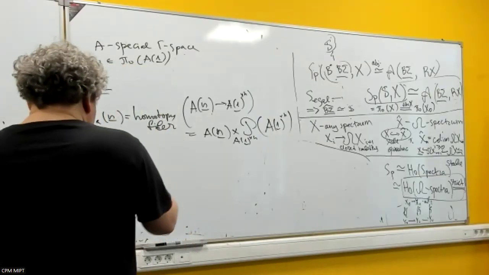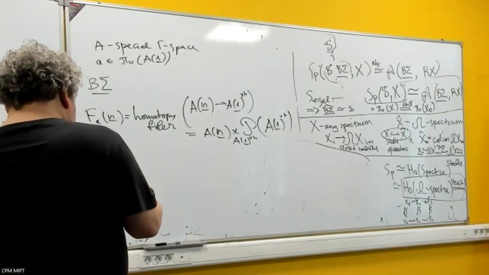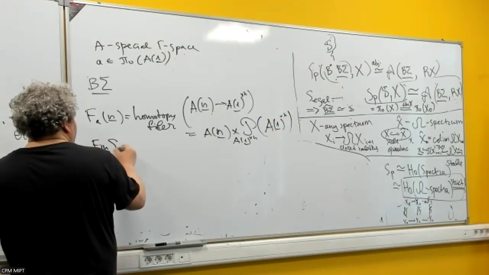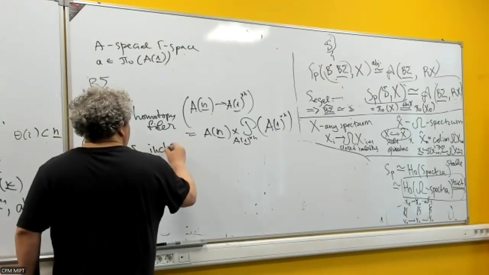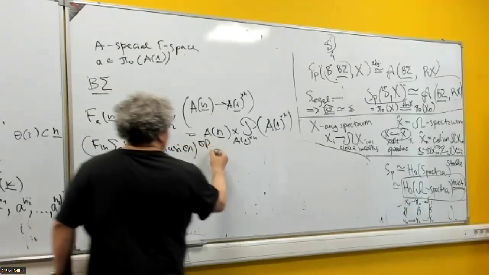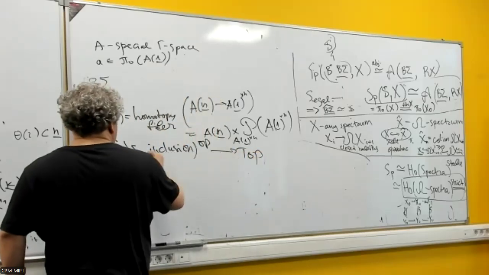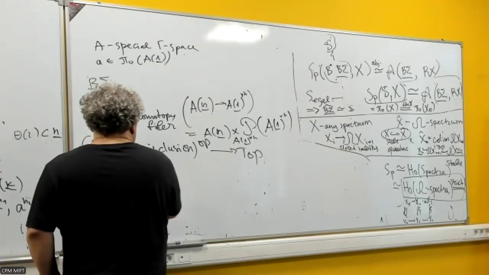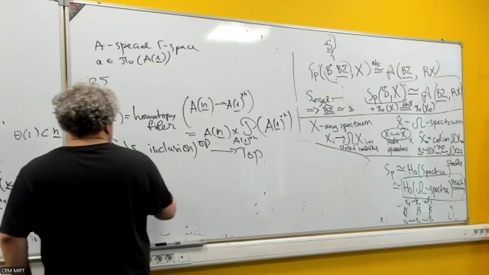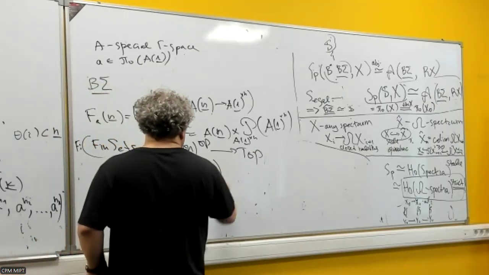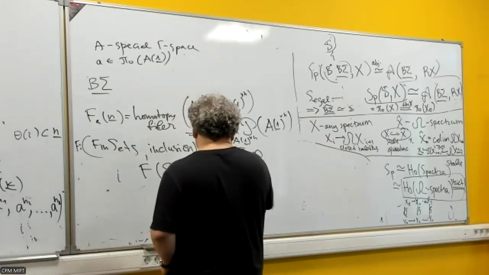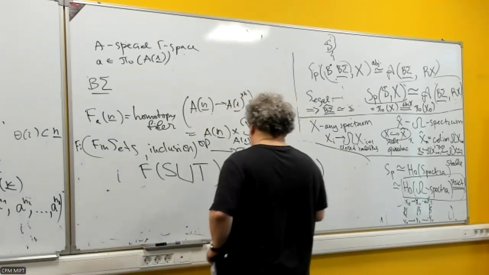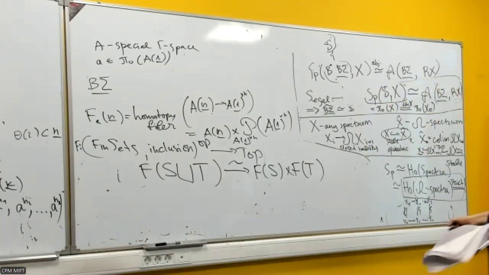Then I claim that this gives me a functor from finite sets and inclusions, opposite, to Top, such that F of s union t, the canonical map to F of s product F of t, is a homotopy equivalence. So then it's some additional data.